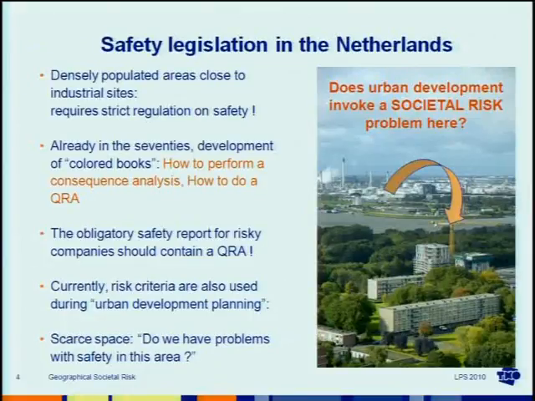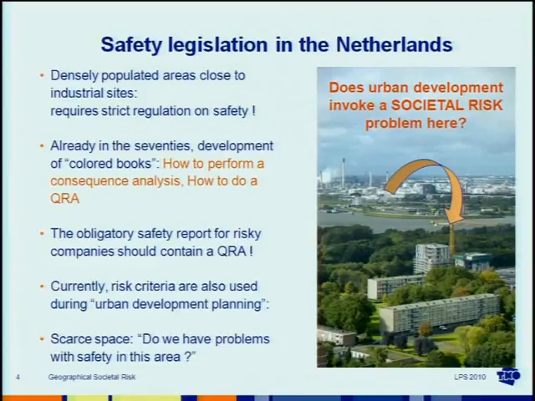Having these densely populated areas close to industrial sites, you can imagine that requires strict regulation, and that is exactly what has been happening. Already in the 70s, these colored books, as we refer to them, were developed. They are basically typical guidelines, a bit like you do here with the CCPS guidelines on how to perform a consequence analysis or how to do a QRA.